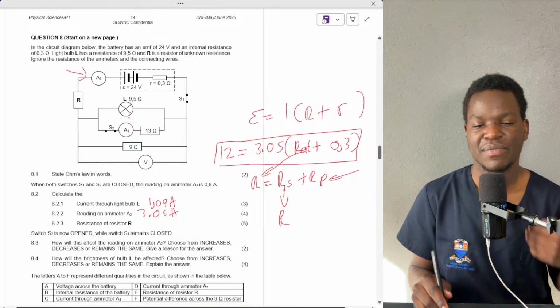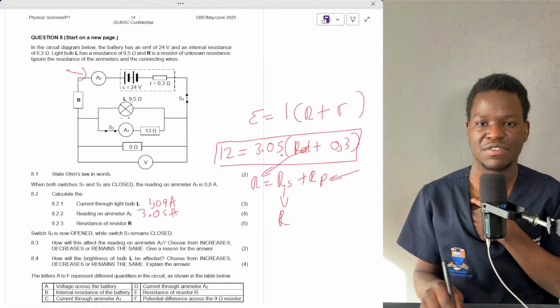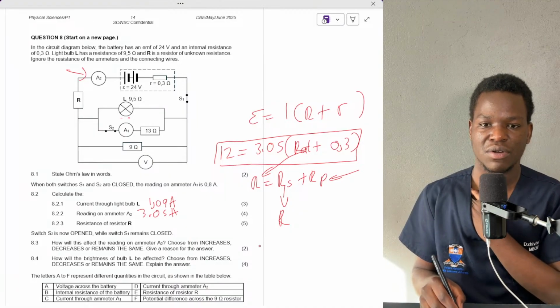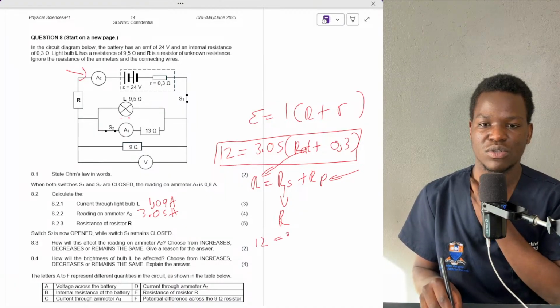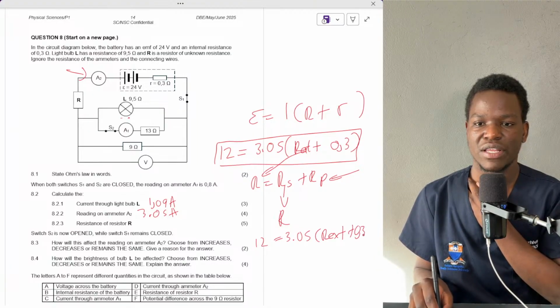There it is. Now let's first solve here. So now it's going to be 12 equals 3.05 into R external plus 0.3.